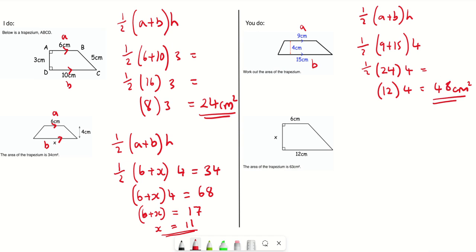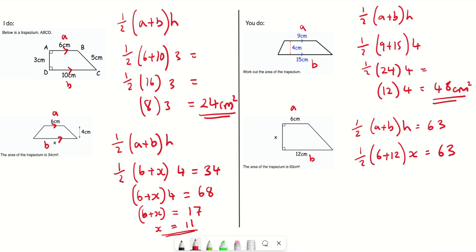Okay, the next one here, we have to find a missing side. This time we are actually looking for the height. This is A, this is B. So let's write out the formula. And the area is 63. So a half lots of 6 plus 12, and we are trying to find the height, is equal to 63.